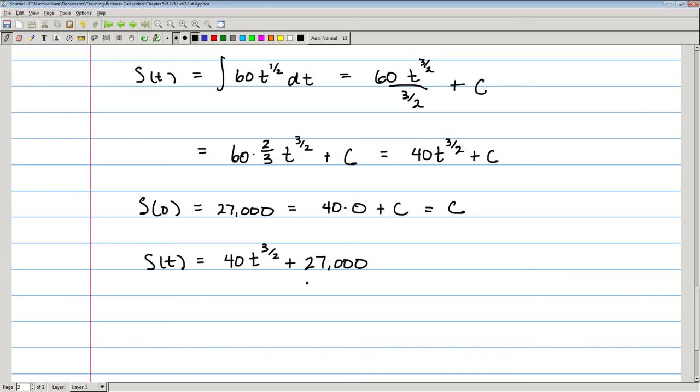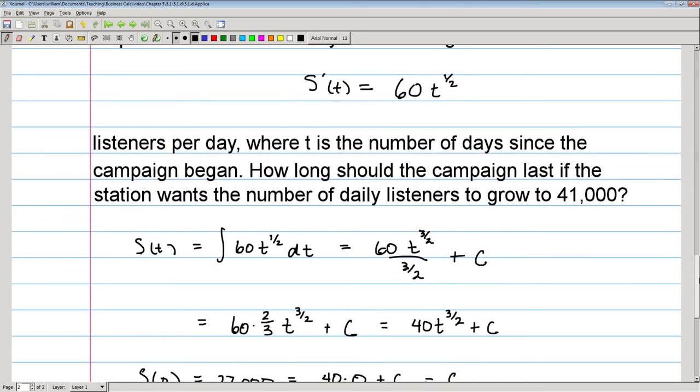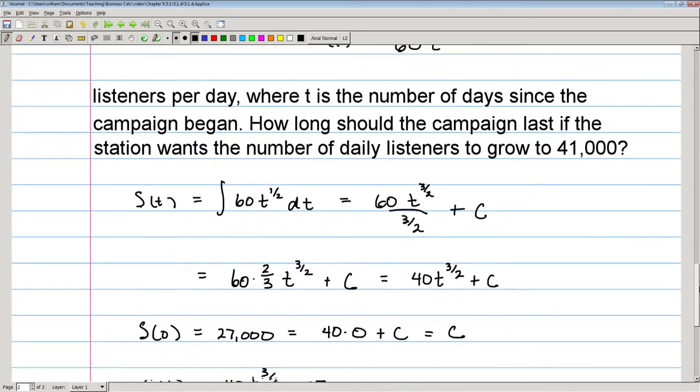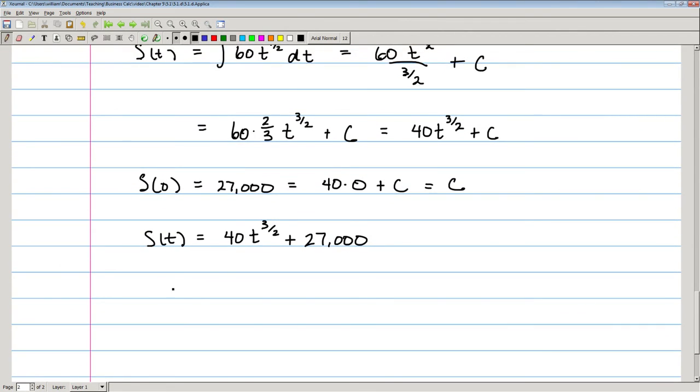Now it's time to plug in our number of days. But we aren't given the number of days. We're given our goal of 41,000 listeners. So we want S to be 41,000.